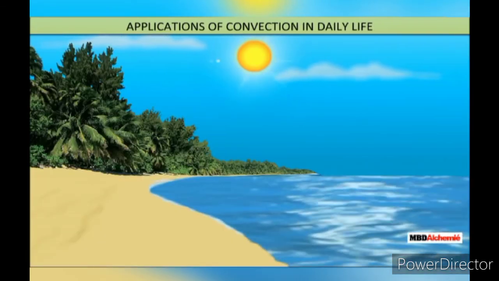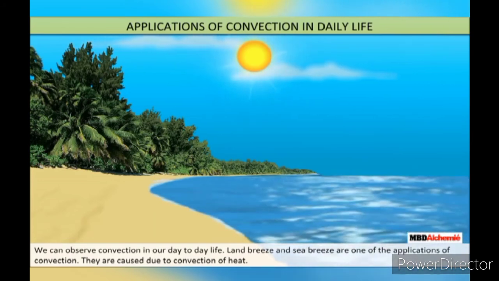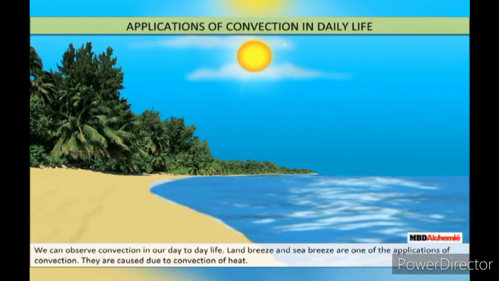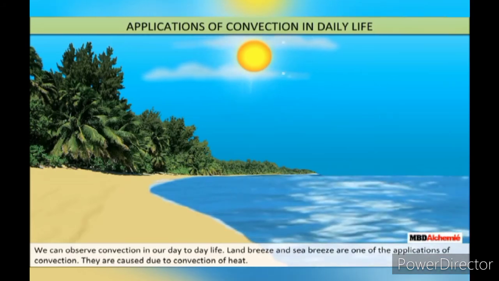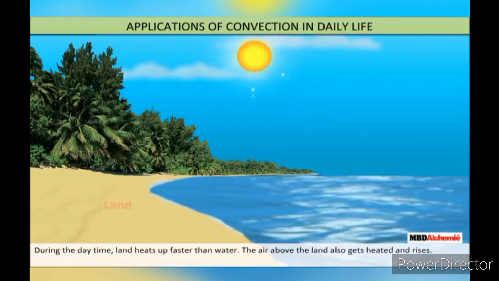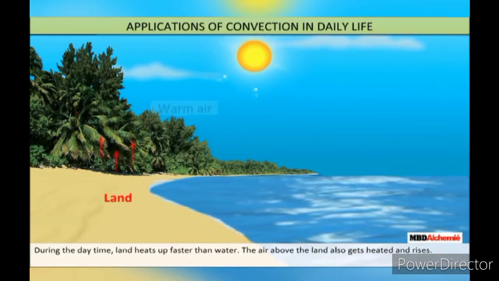Applications of convection in daily life. We can observe convection in our day-to-day life. Land breeze and sea breeze are applications of convection. They are caused due to convection of heat. During the daytime, land heats up faster than water.